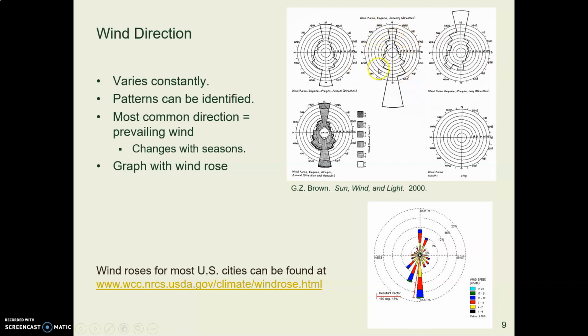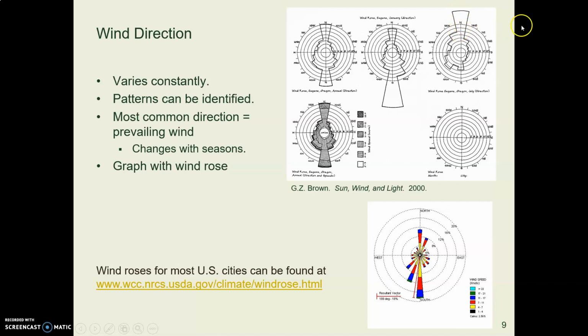And this one in the upper middle is a graph in January. So you can see the longer arm means more velocity, and south shows true south. Then this wind rose in the upper right is for July in Eugene, Oregon, and you can see it's shifted direction. It's not quite as fast a wind, but it shifted direction.